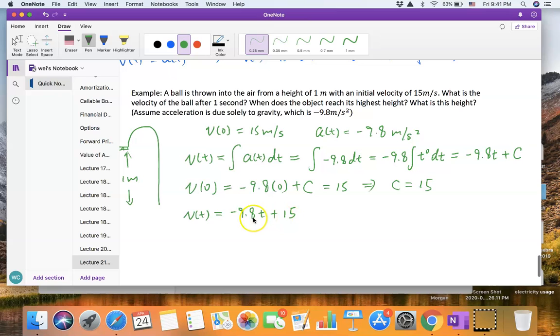Okay. Now, using this velocity function, we can answer the first question.